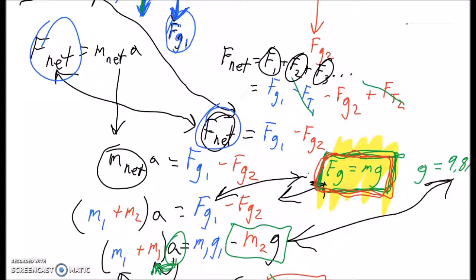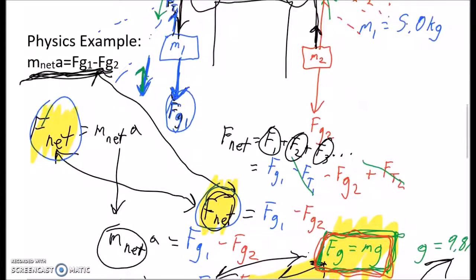So if you don't understand that step and then plugging it into this equation, and if you don't understand how this FNet and this FNet relate, then you need to take a look at my equating equations video, and hopefully that'll make a little bit more sense.